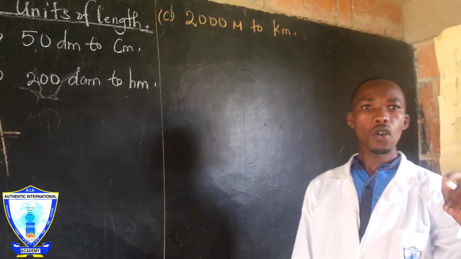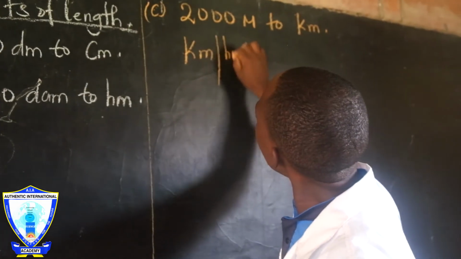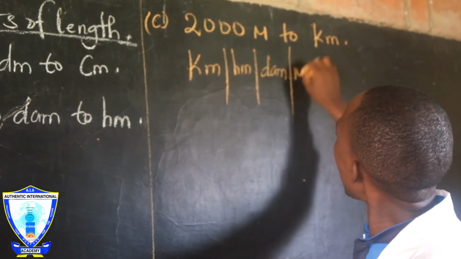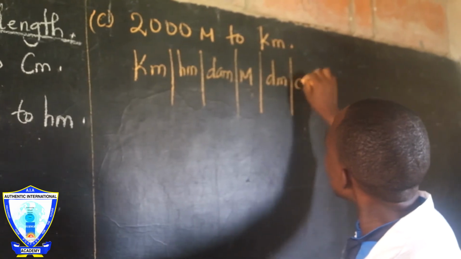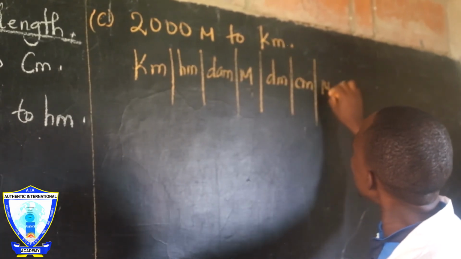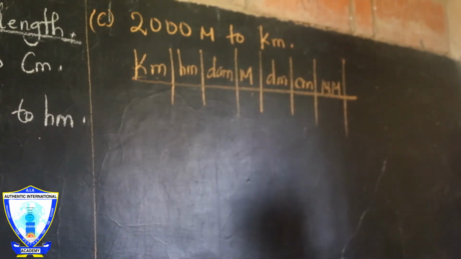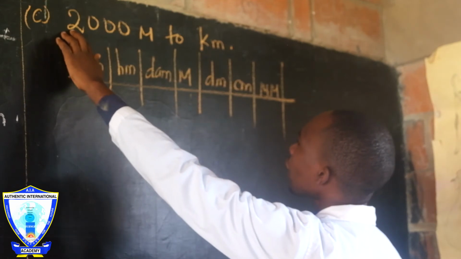First is to draw a conversion table. Kilometer, hectometer, decameter, meter, decimeter, centimeter, and finally millimeter. Then, what do they want? They want me to change 2,000 meters to kilometers.